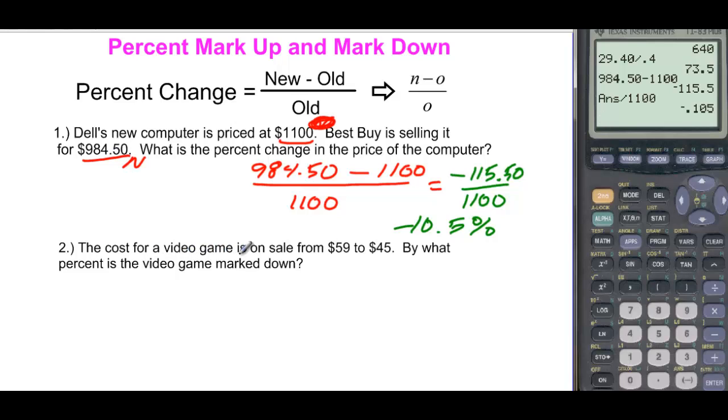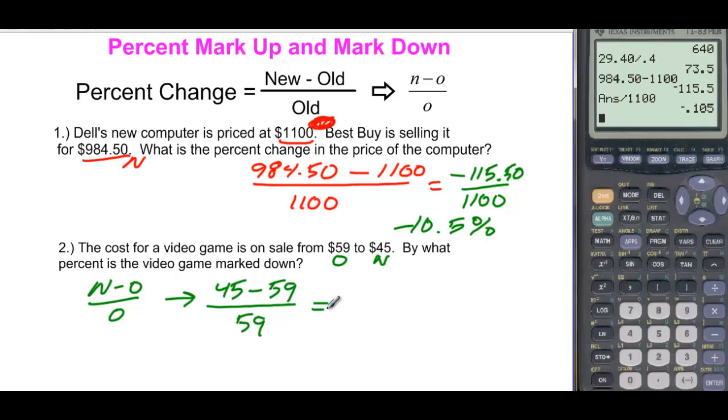The cost of a video game is on sale from $59 to $45. So the new markdown price is $45. The original old price is $59. So again, new minus old divided by old. We're going to type it in: 45 minus 59, divided by 59.